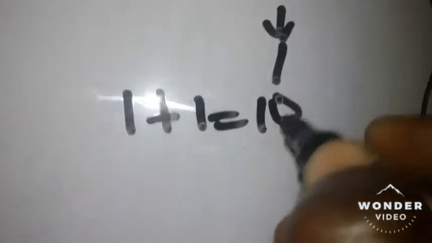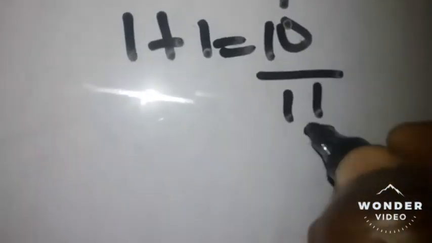Plus the 1 up here, that is 11. Write 1, carry the other one down. So remain 1 here. This 1 plus the 1 we carry down, that is 10. So now write your 10. That is the answer.